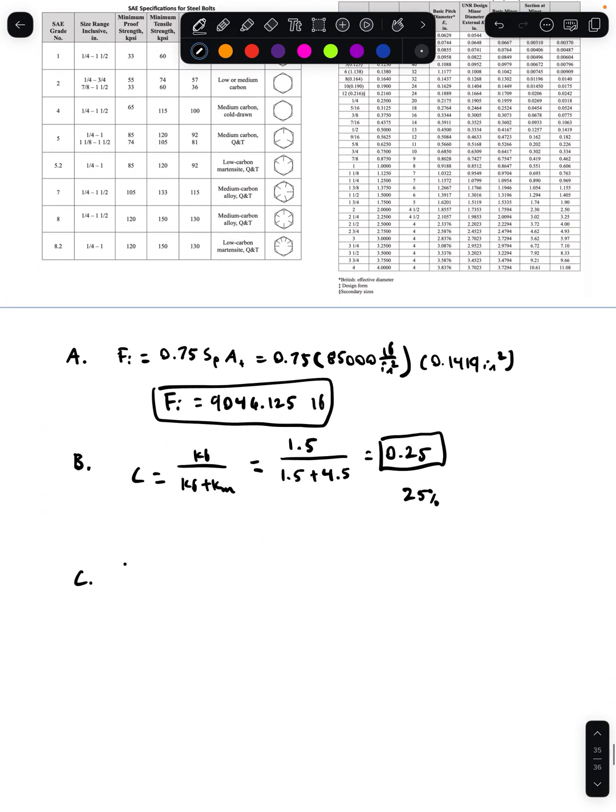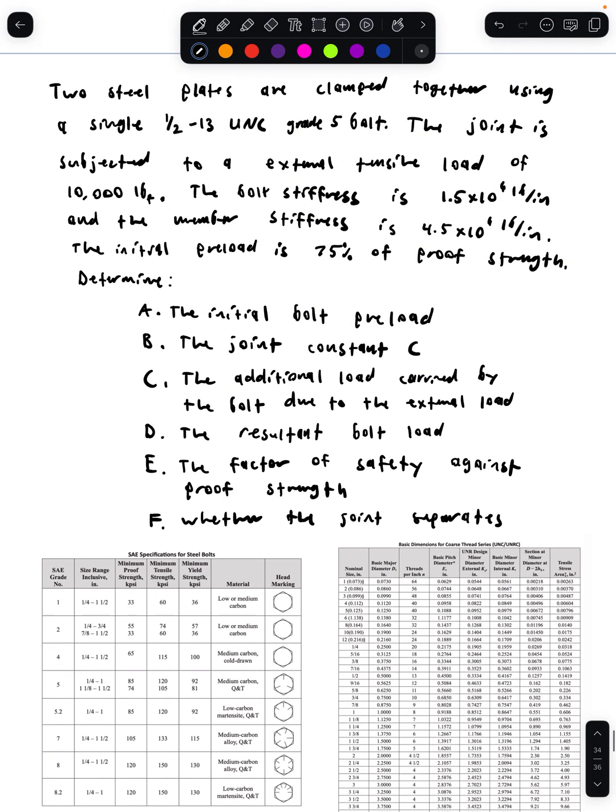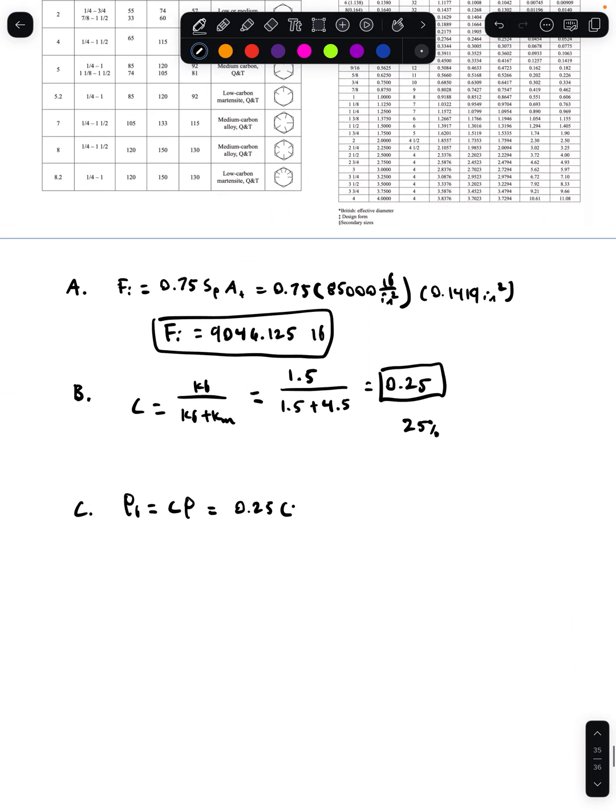So the force in the bolt, I'm going to call this P, so P_B is equal to C times P, which is going to be 0.25 times our load, which was 10,000 pounds. So the additional load carried by the bolt in addition to this preload is 2,500 pounds.